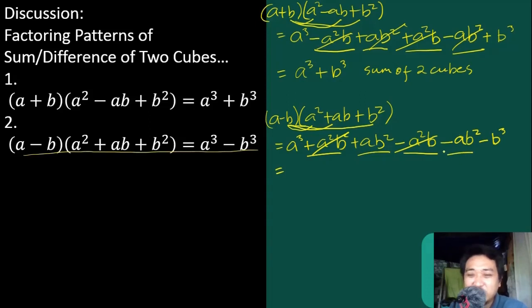Sa mga nagtatanong bakit nasa zero yan, remember that we have here 1. Positive 1 minus 1 is 0. 0 times AB squared is 0. So, since they are 0, we'll just cancel them out. Okay. So, what is left? Ang natira sa atin ngayon is A cubed minus B cubed.